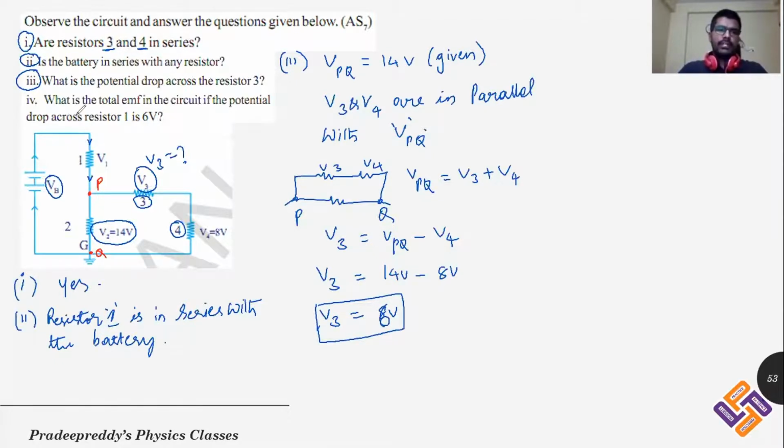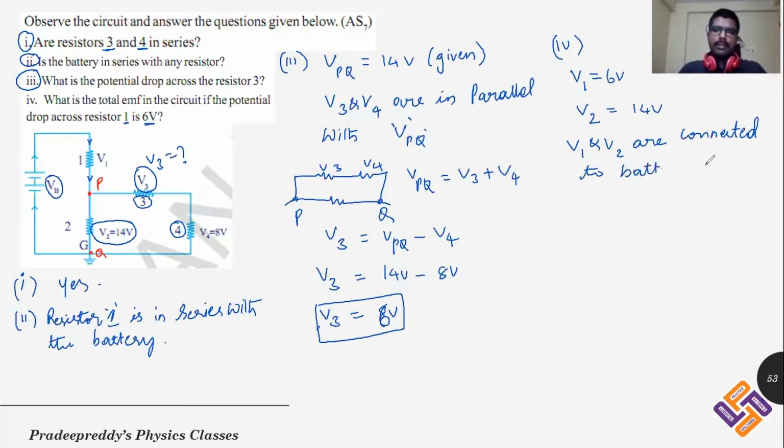Next, the fourth question: what is the total EMF in the circuit if the potential drop across resistor 1 is 6 volt? The potential drop across the first, V1, is 6 volt and V2 is 14 volt. V1 and V2 are connected to the battery VB.